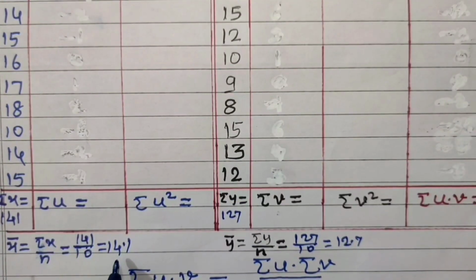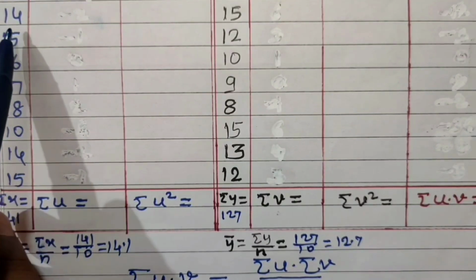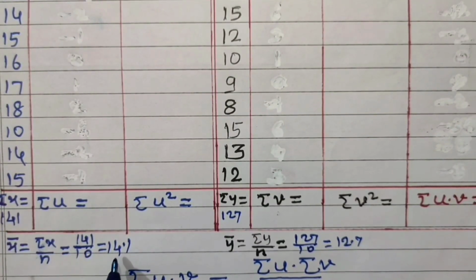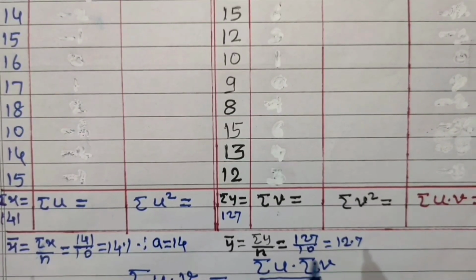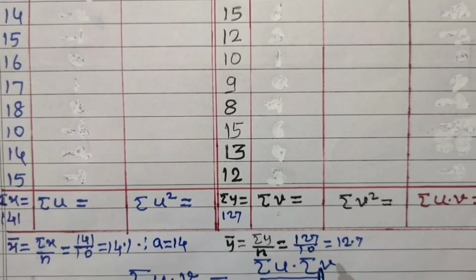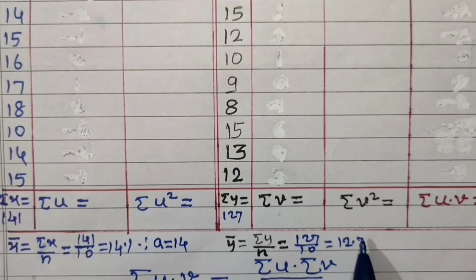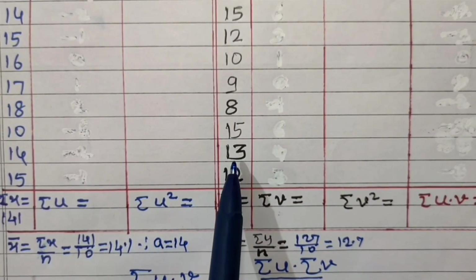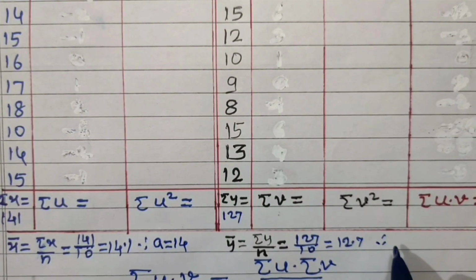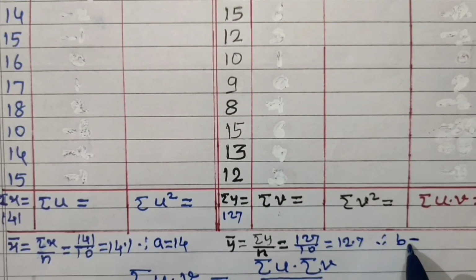In X series, 14 is very close to 14.1, hence the assumed mean of X series we can take A is equal to 14. For Y series, 12.7 is close to 13, so we can consider the assumed mean B is equal to 13.